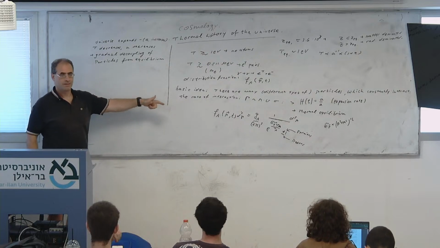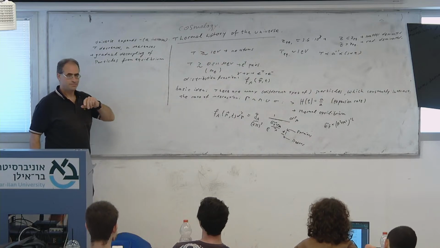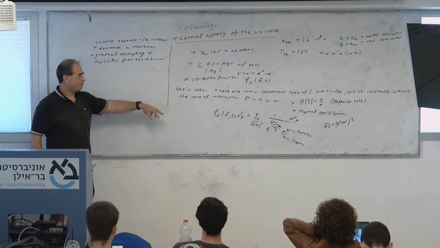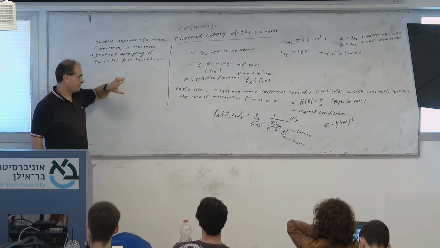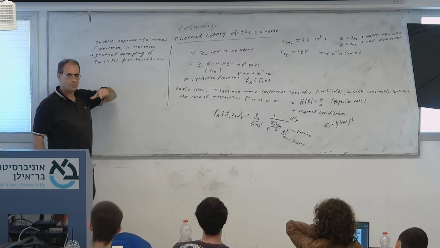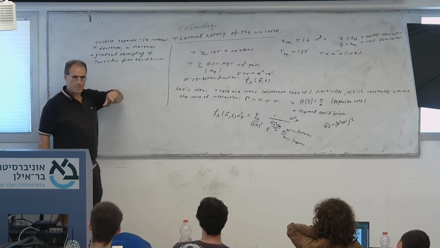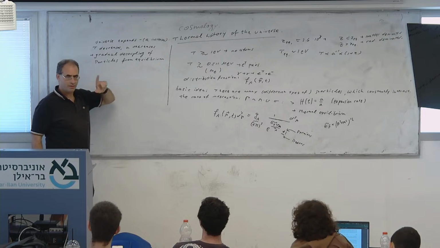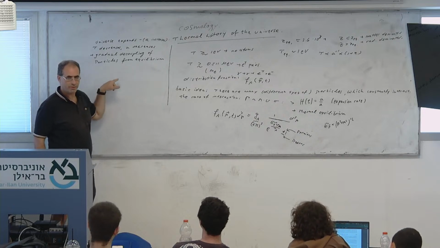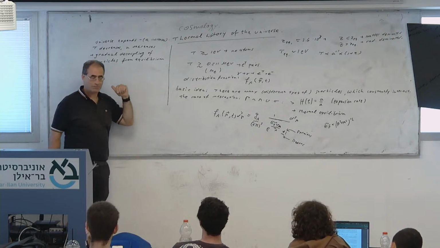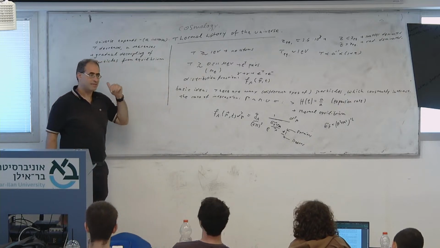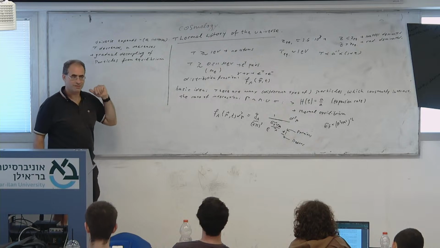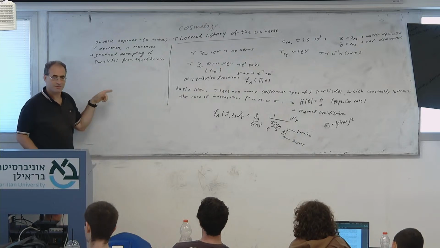And remember, I told you there is a connection, because this will be imprinted on the ratio of abundances of elements, also on the cosmic microwave background. And from that we can learn about particle physics, about what types of particles could exist in the universe. And again, surprisingly or not, it's the same particles that we know today, that we've seen and deduced their existence.